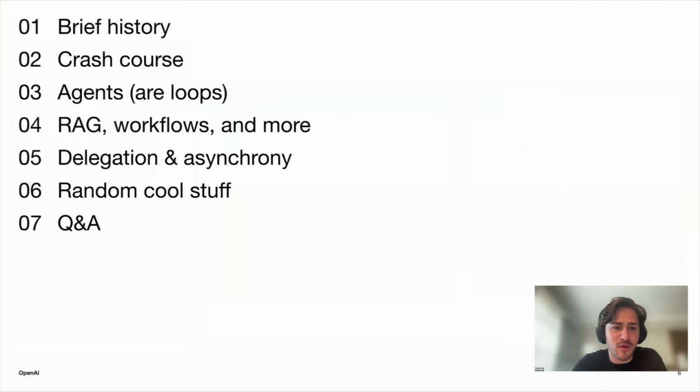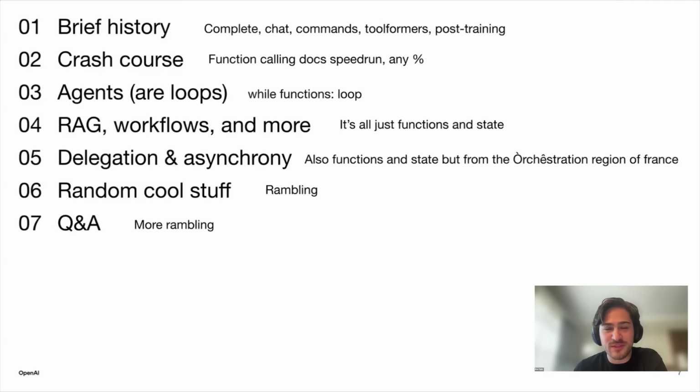Then we'll talk about agents, how they're just loops, how RAG workflows and more are just function calls, delegation, and asynchrony. A couple of random things I've found, and then we're going to do a Q&A. If you just want to see the meat of it, this is pretty much it: everything I want to talk about and everything that we're going to implement.